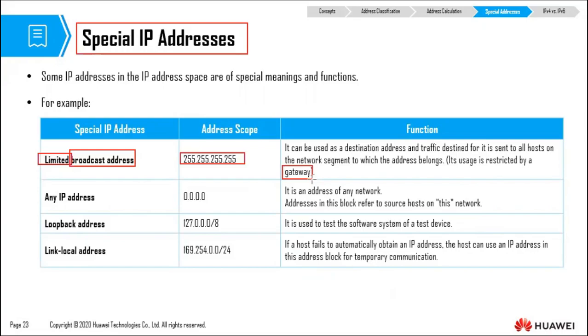But otherwise, if a packet has the destination address as 255.255.255.255, then every other computer in that network is going to open up that packet. Is that clear? Now, the very first IP address is called the anycast.